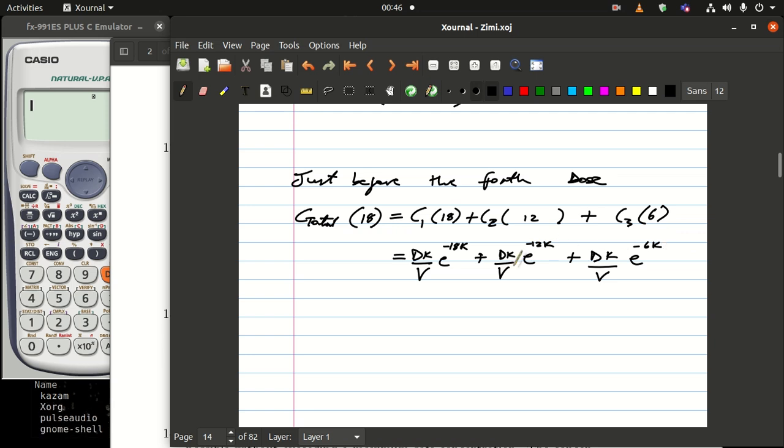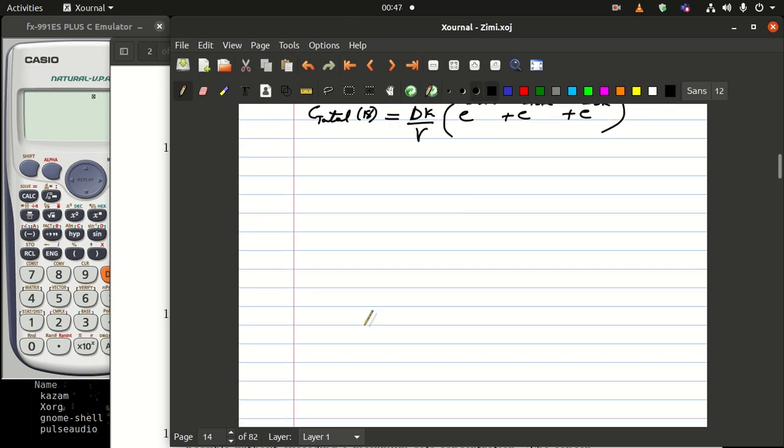I'm going to factorize this because it is the same everywhere. Inside here, we'll have e raised to minus 18k, plus e raised to minus 12k, plus e raised to minus 6k. That is what we end up having as the C total after 18.